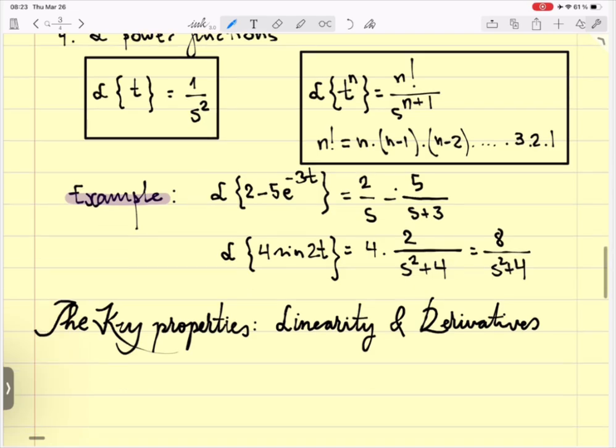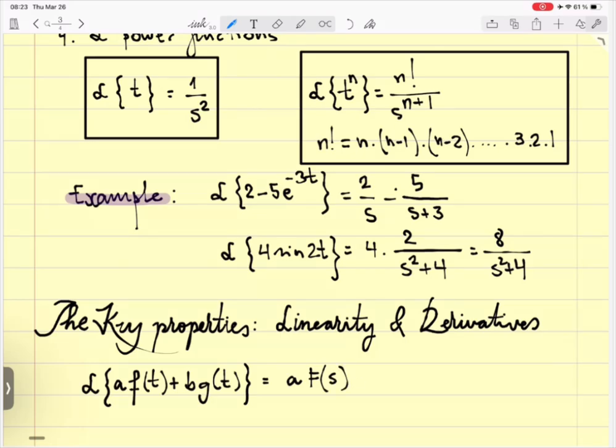So the linearity property is if we take two functions f and g and make a linear combination of them, then the Laplace transform is a linear combination of the Laplace transforms of the two functions. This is called linearity.